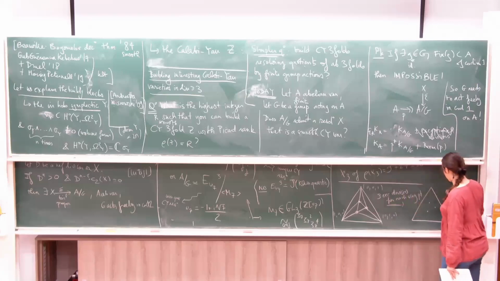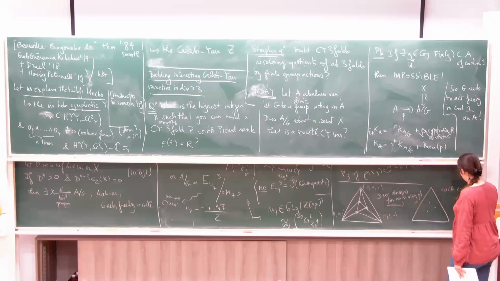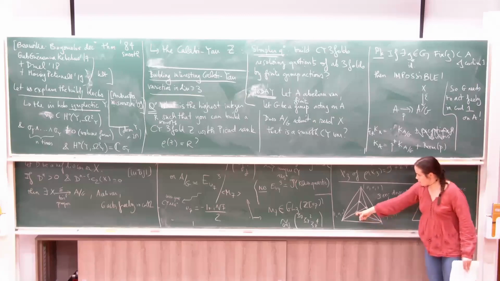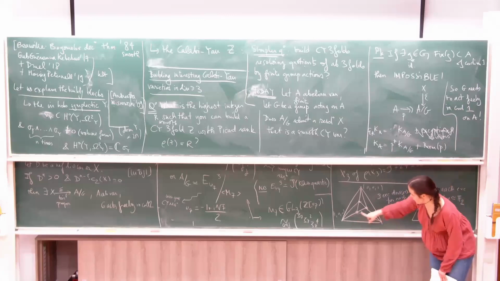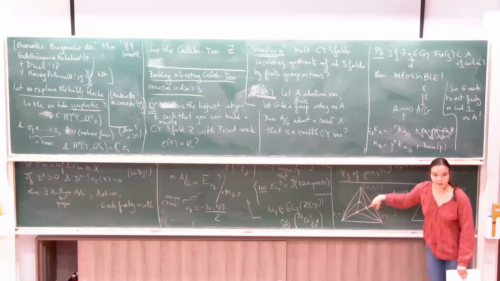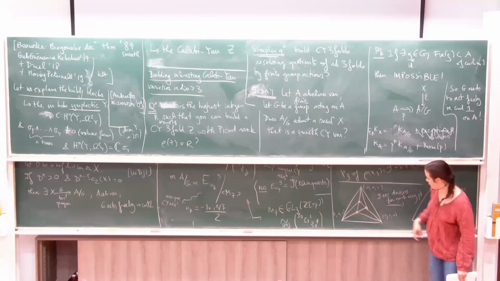So each exceptional divisor is isomorphic to the Hirzebruch surface F2. And then basically every time you can see it because this one and this one will be the same size, actually, in the drawing. And so if you look at this fan, it is a fan of a Hirzebruch surface F2 again.